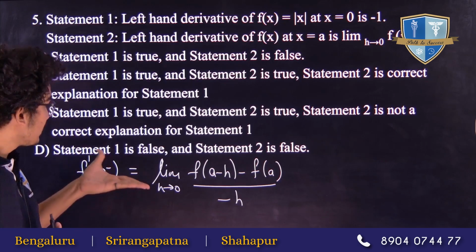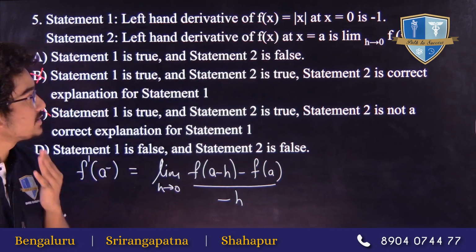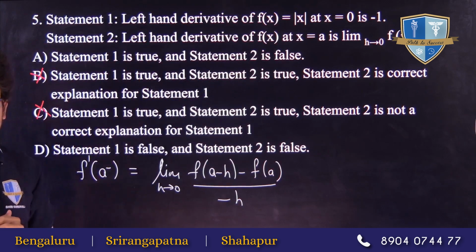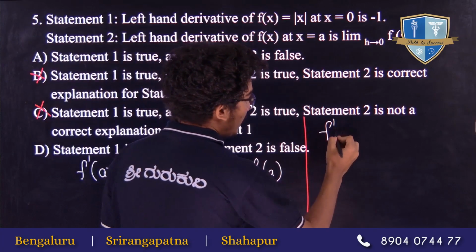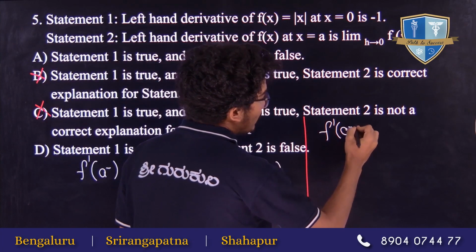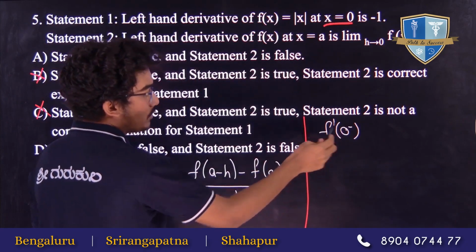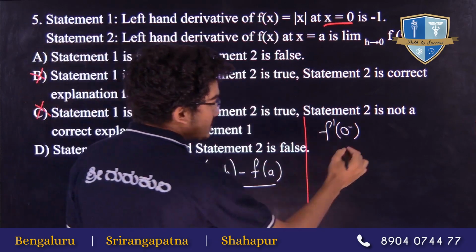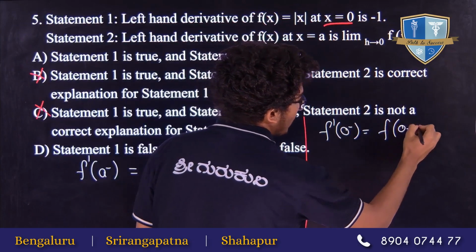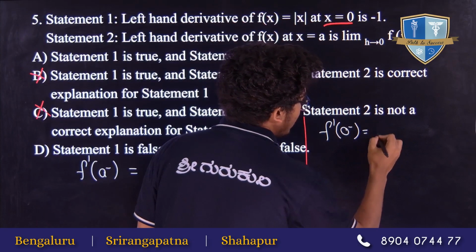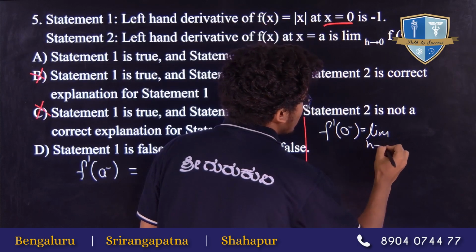Now, using this formula, let's try to find the left-hand derivative of this function at x = 0, and see whether statement 1 is correct or not. So let's see, f'(0-). We are supposed to find the left-hand derivative at x = 0, so it will be limit h tends to 0 of [f(0 - h) - f(0)] divided by -h.